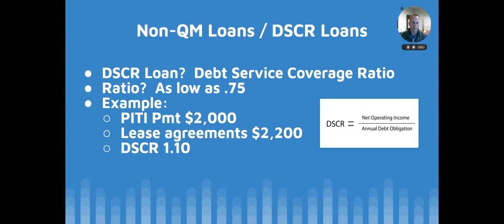In this example, if the mortgage plus taxes and insurance would be $2,000 and our rents coming in are $2,200, we would have a debt service coverage ratio of 1.1. You'll notice in here we can go down as low as 0.75. That would mean that the mortgage payment is greater than the rents coming in. So that's pretty cool that we can go that low.